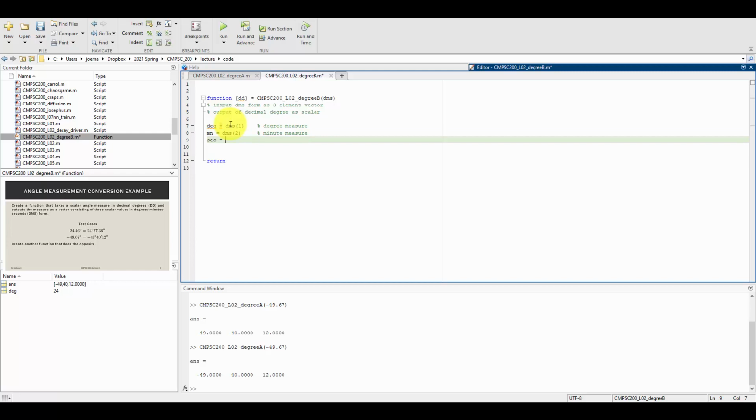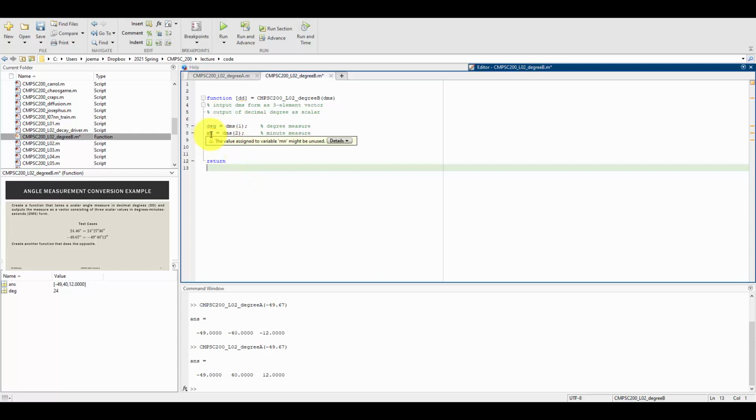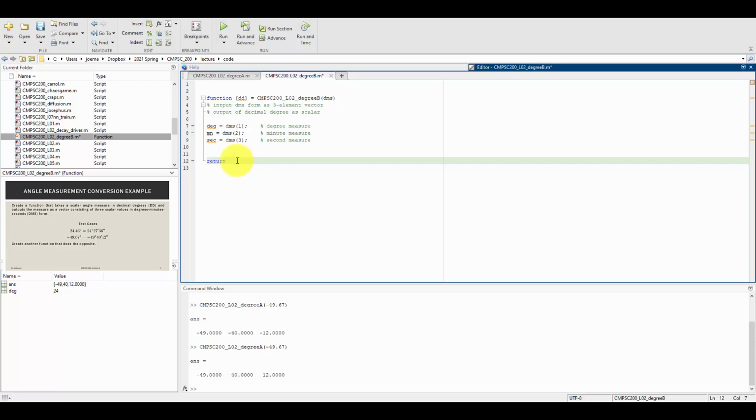And then the second is going to be that third component of DMS, and that is second measure. All right, so what I've done is when this comes in, I am going to pick out the first component, call it degrees, the second component, call it minutes or MN, and the third component, seconds, because I know that's the format that it's going to come in as that 3-element vector.